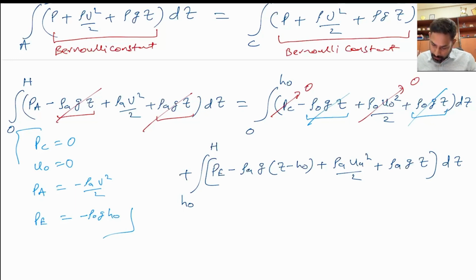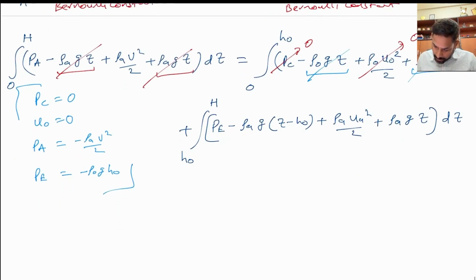So now expand this further, so this becomes the integral from 0 to h, where PA is minus rho a u square by 2 plus rho a u square by 2, dz.